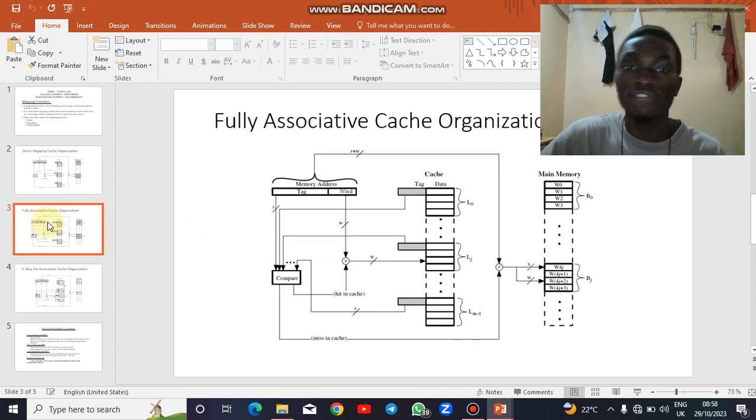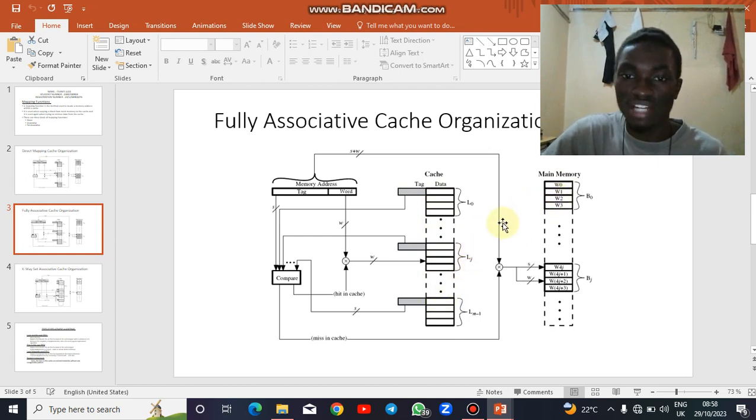Now, the second one is fully associative cache organization. In this one, the main memory is also divided into blocks, and the cache is divided into lines. So the first block of data in the main memory is free to be mapped anywhere within the cache lines. W0, which is the first block, can even be mapped in this line.